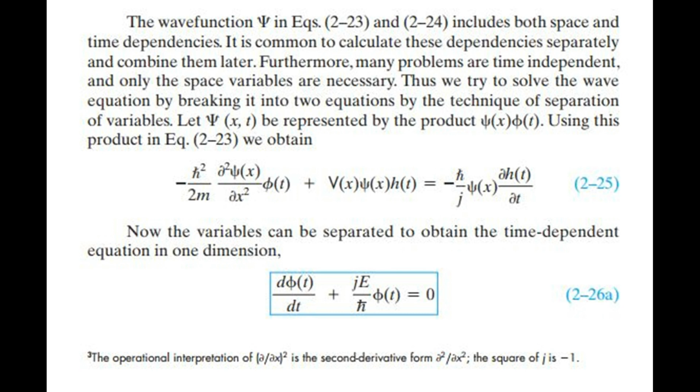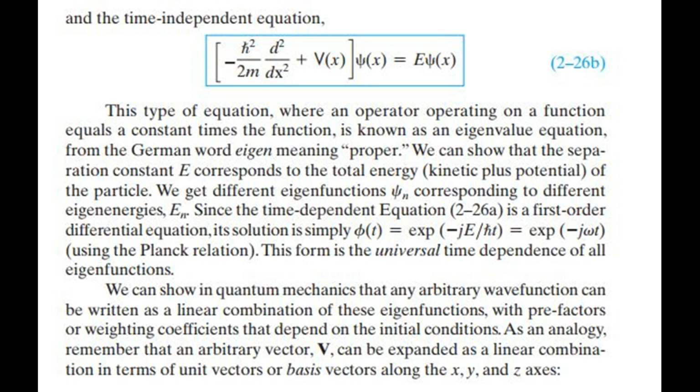This type of equation, where an operator operating on a function equals a constant times the function, is known as an eigenvalue equation. From the German word eigen meaning proper, we can show that the separation constant E corresponds to the total energy, kinetic plus potential, of the particle.